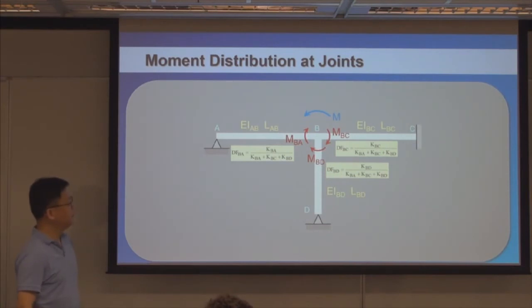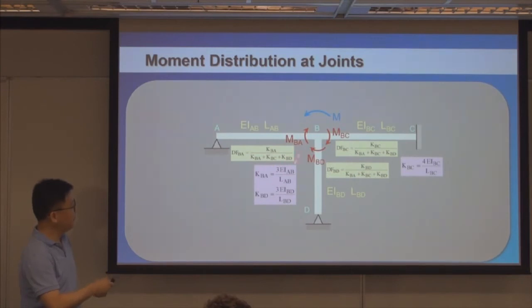So, very simply, here, KBA is 3EI over L. The reason for that is the far end is a moment-free condition. KBD, again, is 3EI over L. The reason is the same: the far end is a moment-free condition.